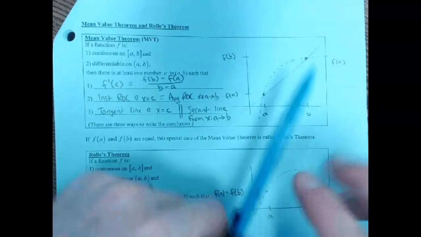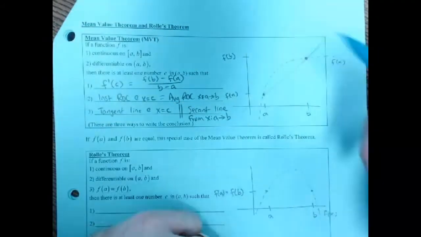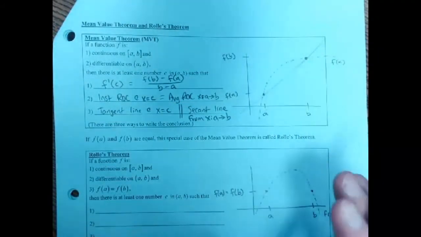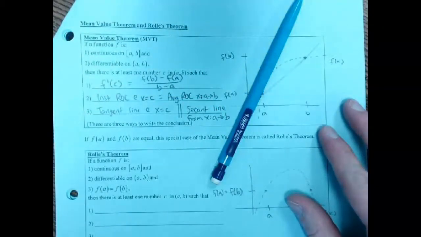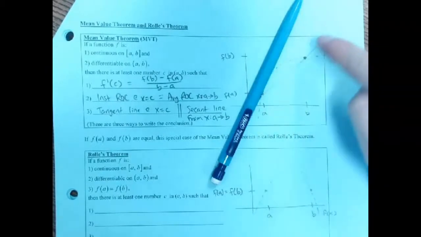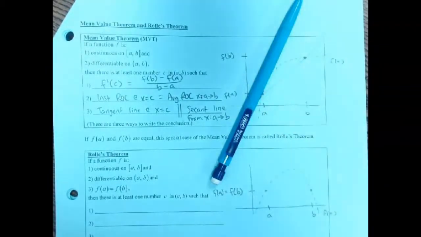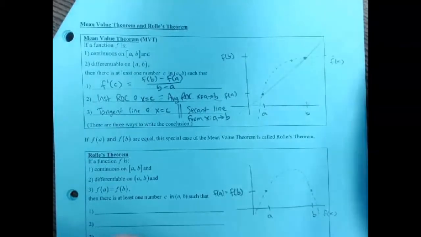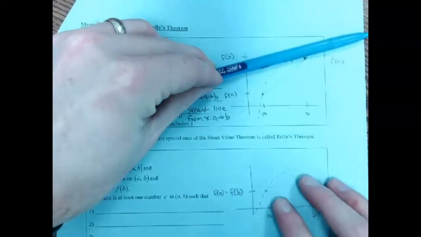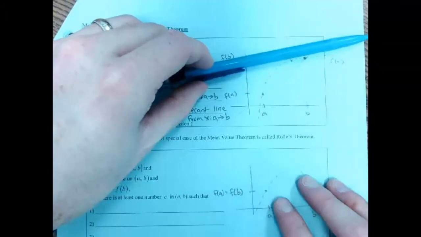So let's look. I'm going to just put this pencil down. If I were to pick a point here, super close to a, I could draw that tangent line, but it doesn't look like that tangent line is very close to being parallel to the given secant. Or if you were to pick a point over here, which is kind of close to the b value, think about what that tangent slope would be, and, oh okay, that doesn't match.